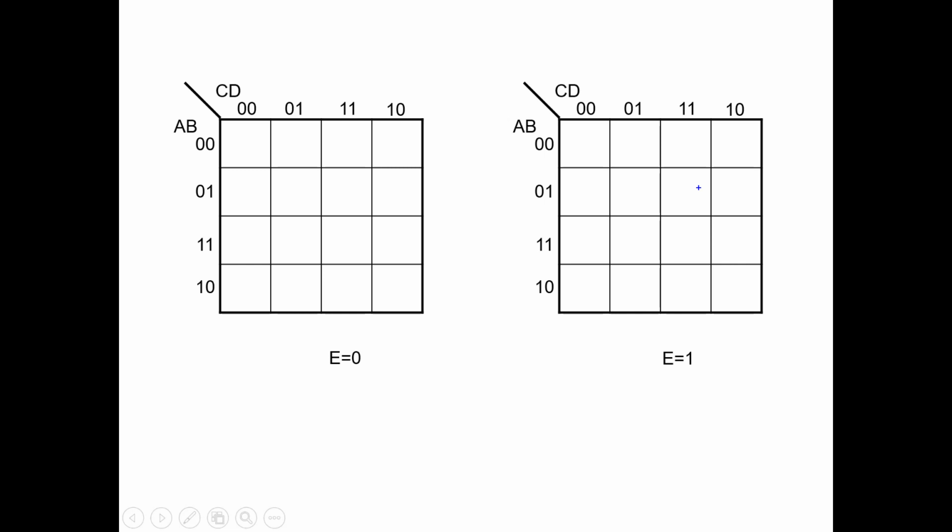For example, tell me the input for this cell. A, B, C, D, E are the input values. AB is 1, 1, right? CD is 1, 1, right? E is 0, so it's 1, 1, 1, 1, 0. How about this cell?